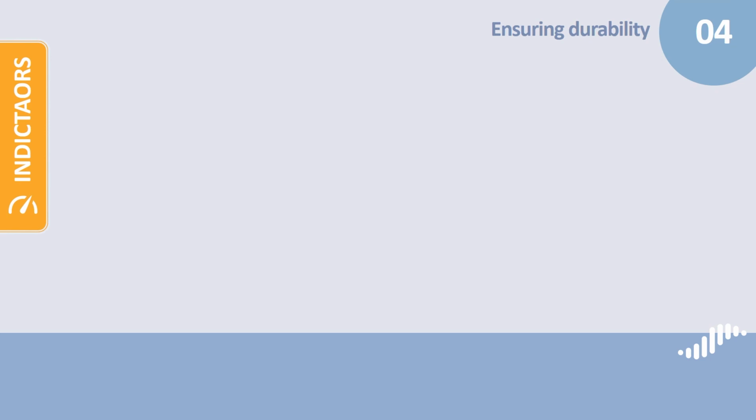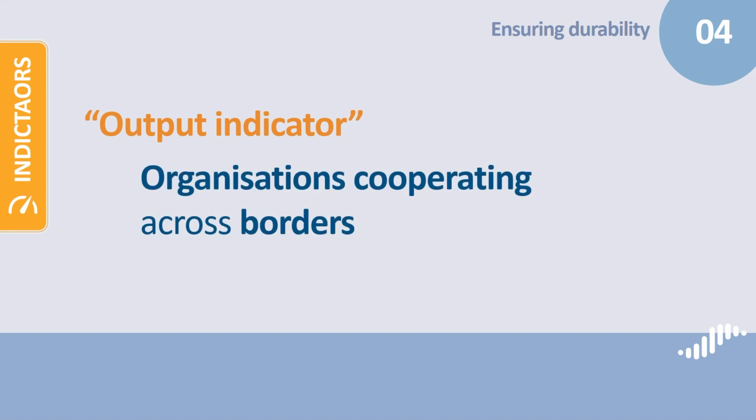To end this tutorial, let us give you some information on the indicators to which small projects need to contribute. Output indicator, organizations cooperating across borders. This indicator counts the project partners and associated organizations indicated in the project data.